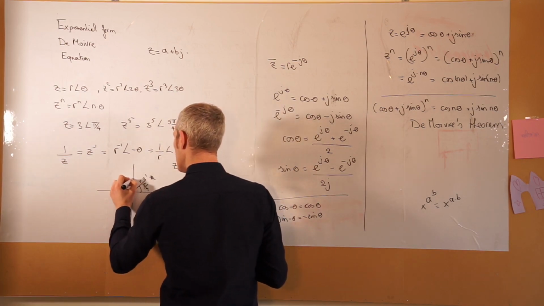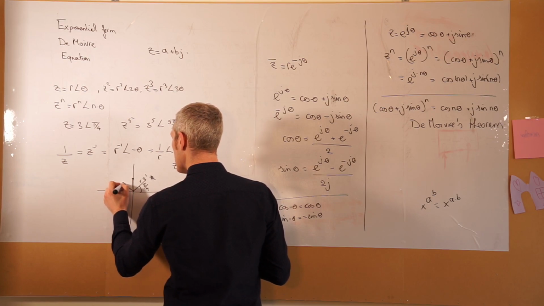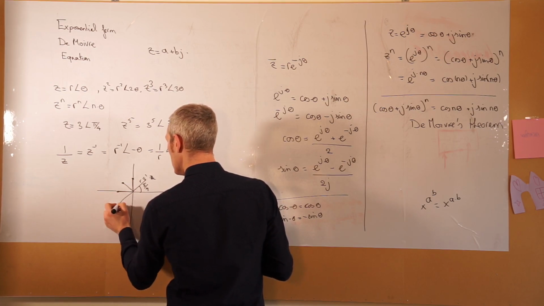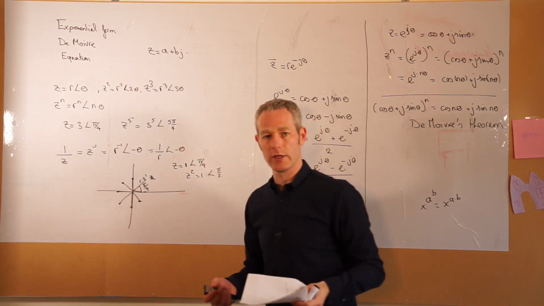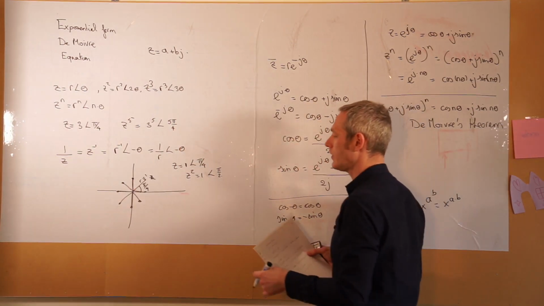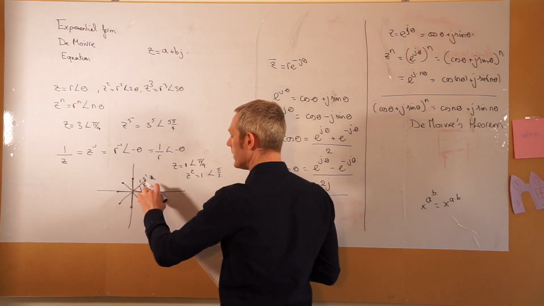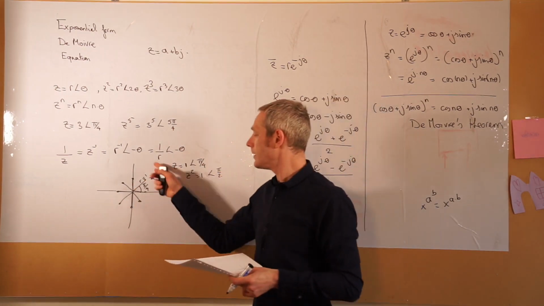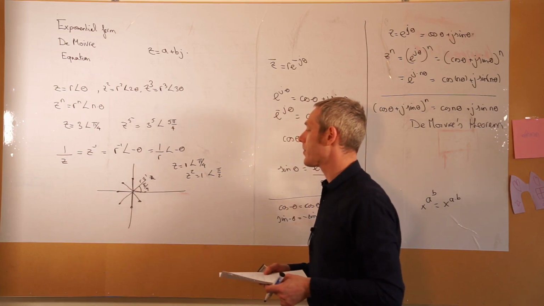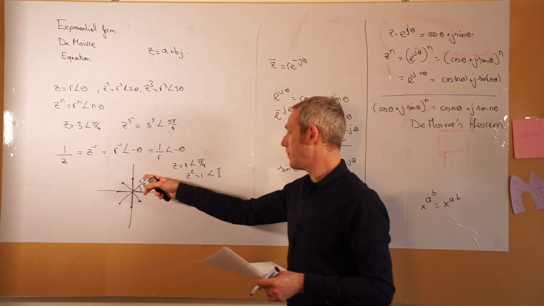So if I now start taking powers of this value, you can see that its argument will start to rotate until, of course, I end up in the same position. But I've chosen pi over 4, so I know that in a certain number of steps, 8 steps, I will end up with the same number again.